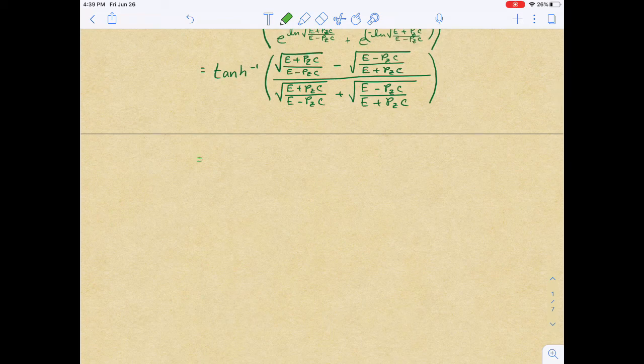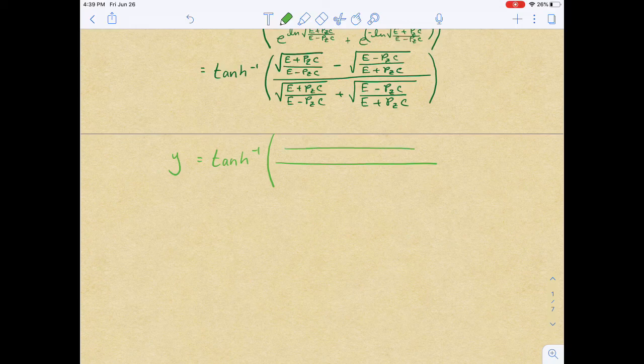Moving on, I'll just carry down the y because I don't want to be caught off guard. So, inverse tangent. Now here comes the fun of simplifying.